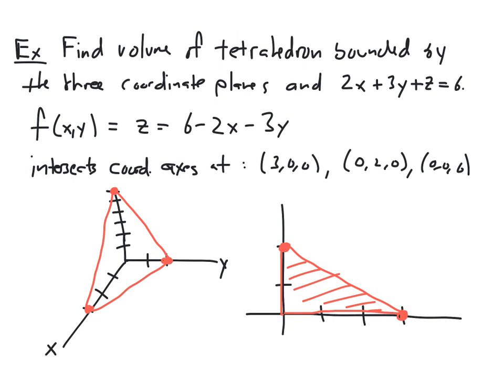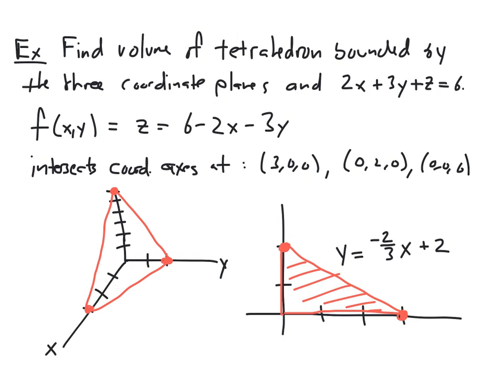We have two different options for which iterated integral to use. But we notice that one of the boundaries of this region is going to be the hypotenuse of this triangle, and it's more natural to write this hypotenuse as a function of y in terms of x. In fact, it's very easy to do. It is a line with a slope of negative 2/3 and a y-intercept of 2. So I can simply write down that this is y equals negative 2/3 x plus 2.